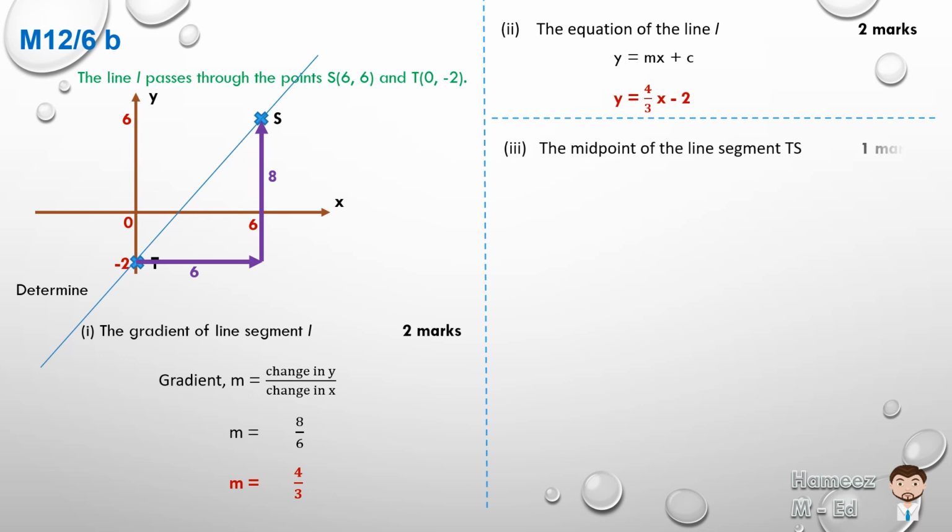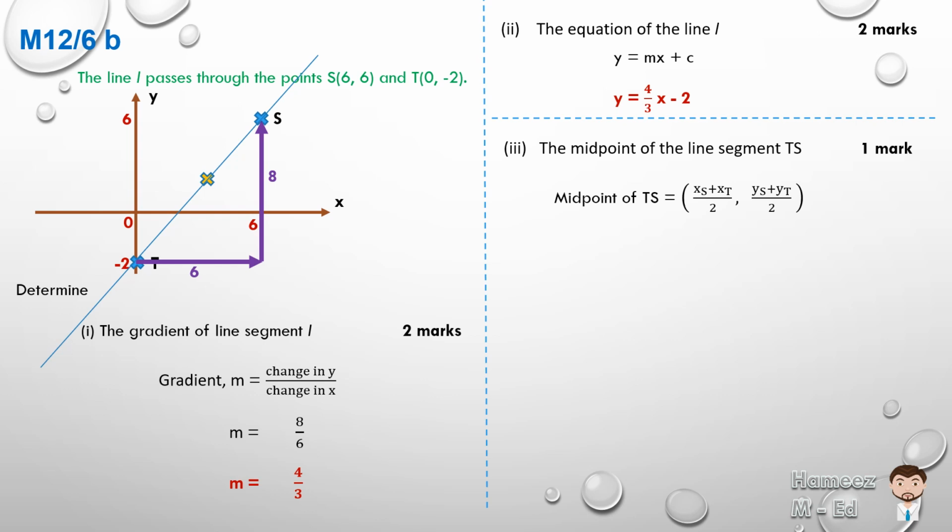And for part 3 now, the midpoint of the line segment TS. So if we want to find the middle of TS, then really what we want to find is an x and a y value of that midpoint. And how do we find the middle of the x values? Well, we really want to find the average of those two values. And how do we find average? We add up the x value of S and the x value of T, and we divide by 2.